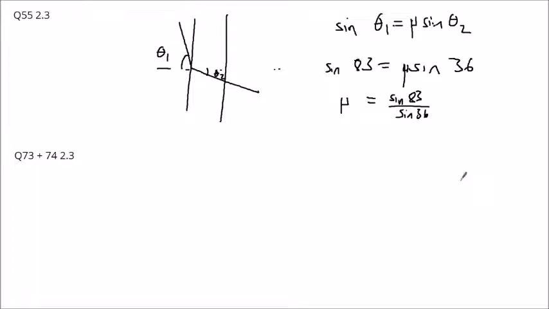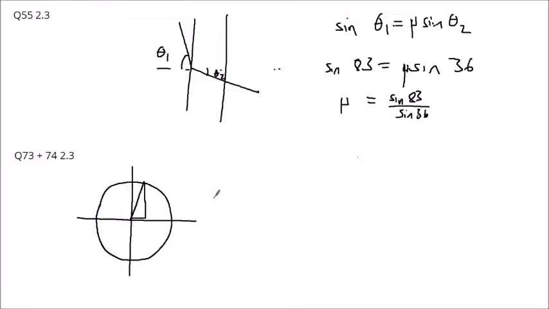Question 73 and 74. Okay, so we have this circle right here. I'm pretty sure you've done your transformations in the 8th grade. Whenever you rotate something by 90 degrees, what happens to the coordinates? It starts as x comma y. You rotate it 90 degrees, you get this, right?